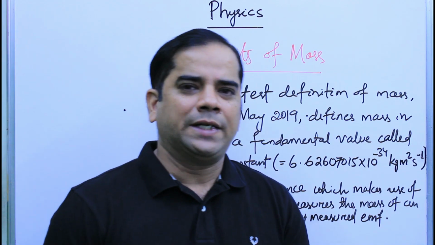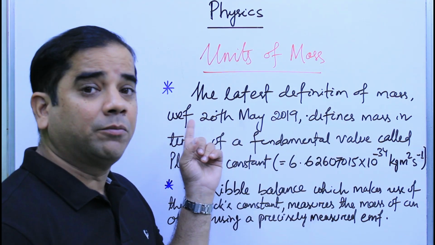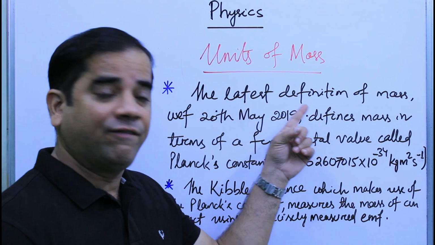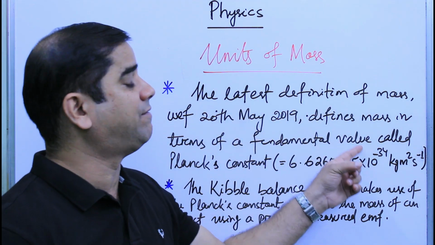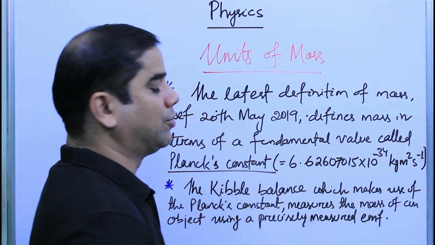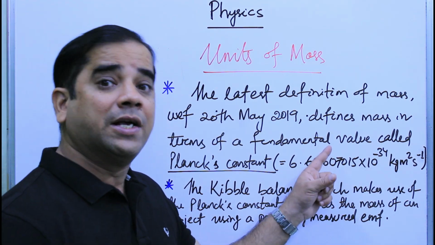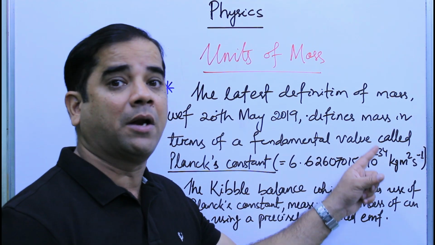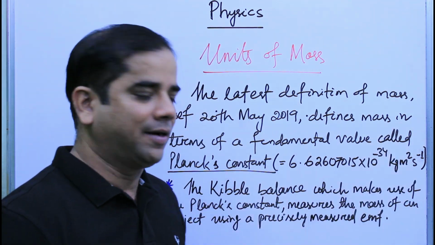Students, the latest definition of mass, with effect from 20th May 2019, defines mass in terms of a fundamental value called Planck's constant, which has the value of 6.62607015 into 10 to the power minus 34 kg meter square per second.